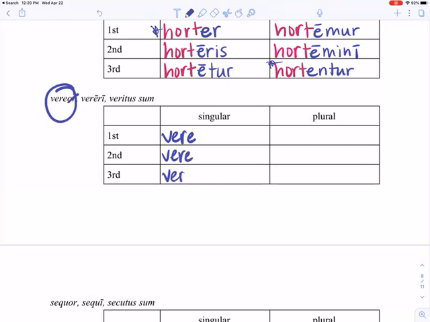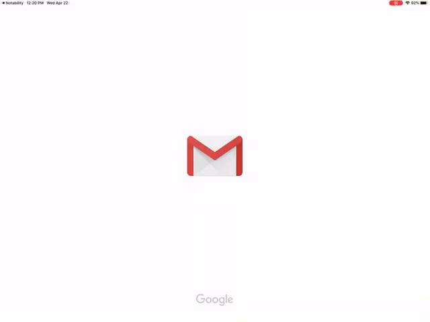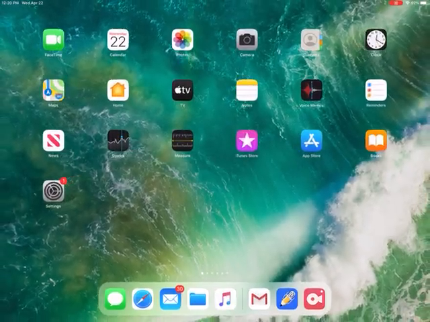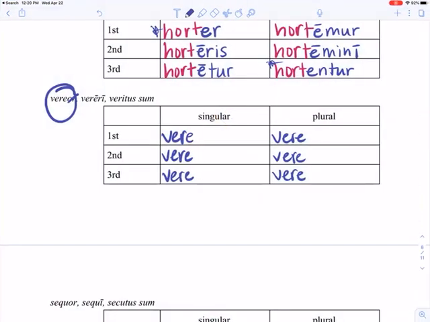Okay, and remember, second conjugation verbs got to keep their little E, but you have to add the A. Sorry, guys, too much going on.